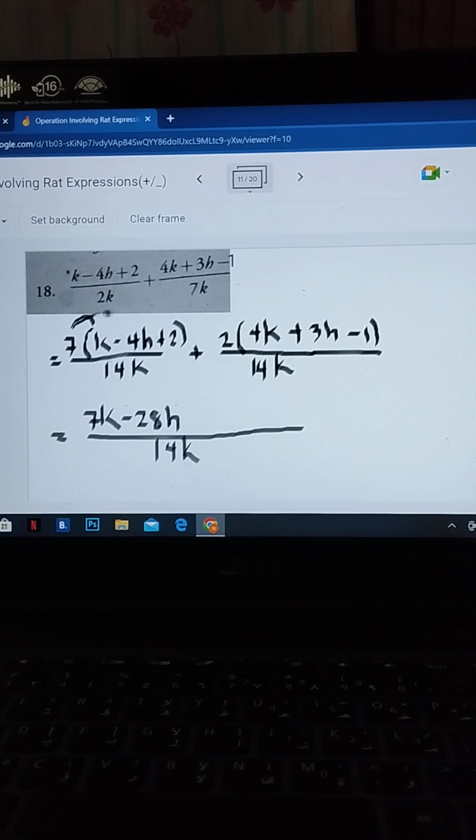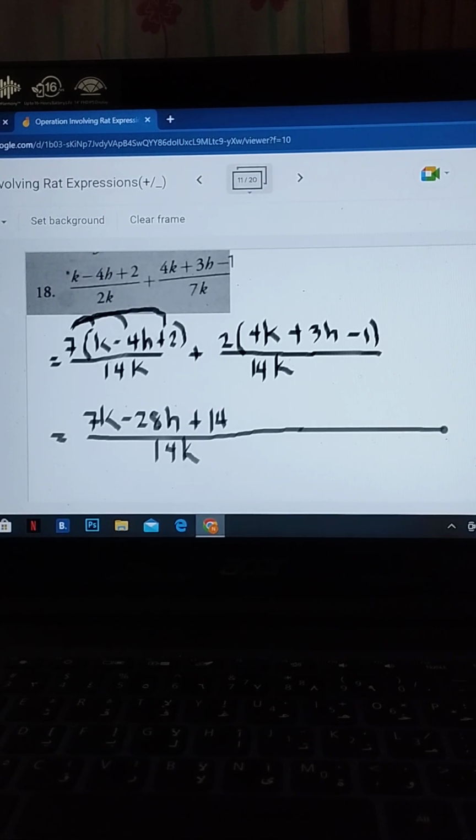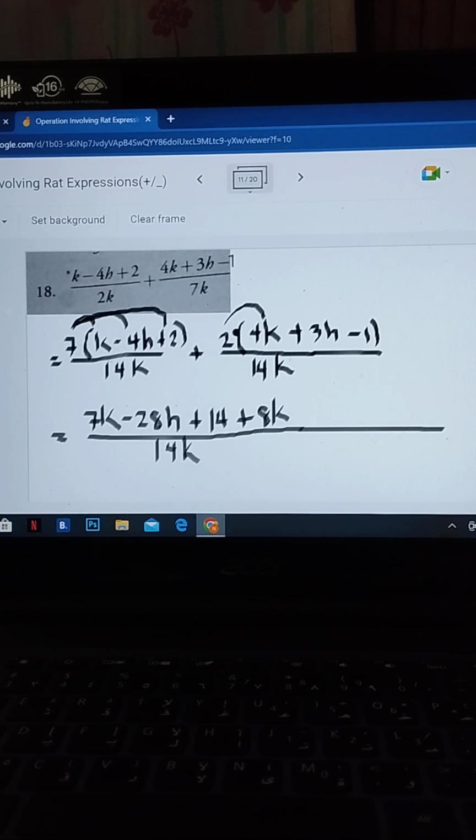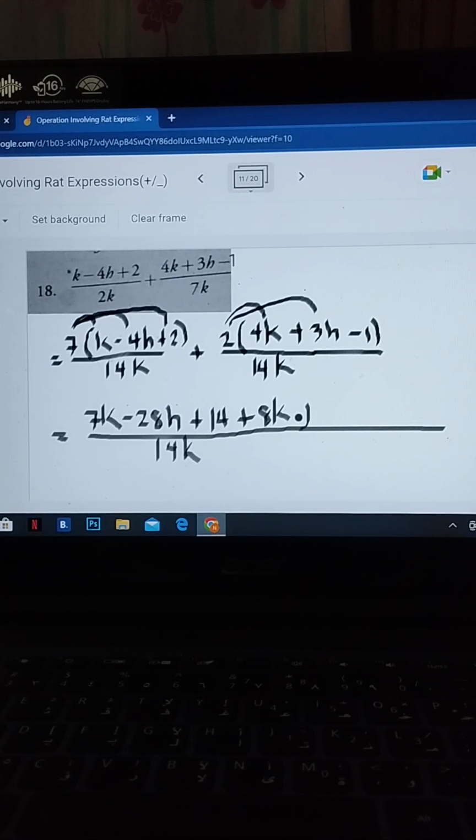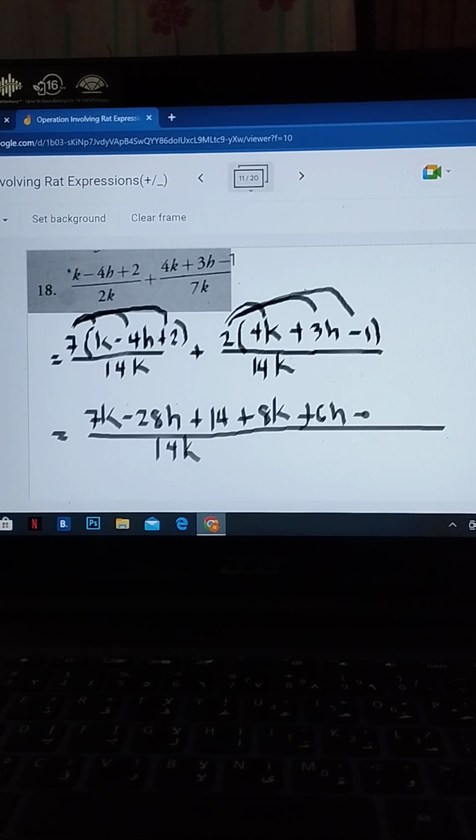Then 7 times 2 is equal to 14. Next is 2 times 4k is 8k. Next is 2 times 3h is 6h. Then 2 times negative 1 is negative 2.